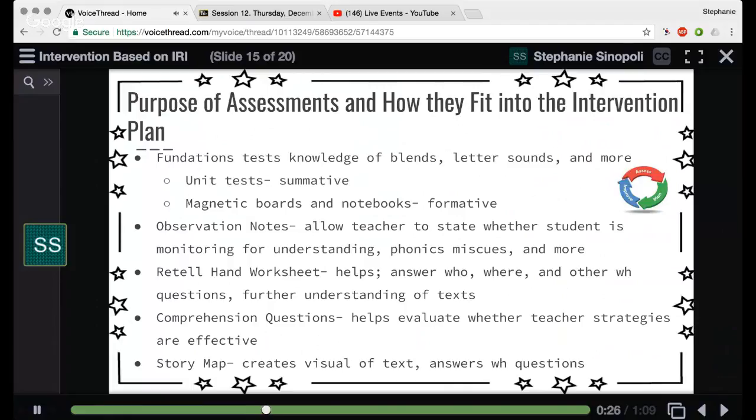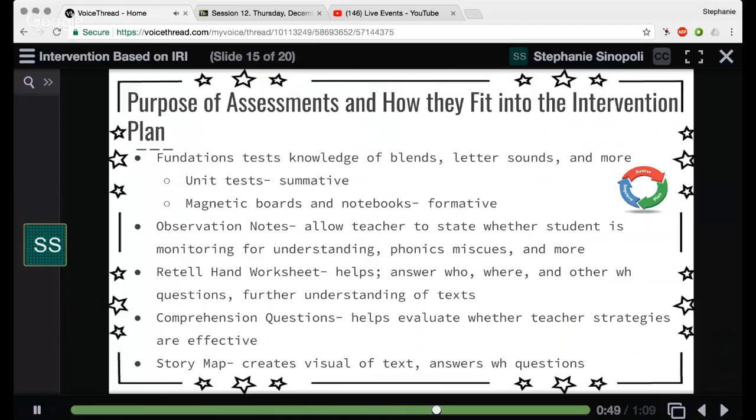And the magnetic boards and notebooks are formative assessments in which the students will tap out words and write down the dictations as well. For the observation notes, it will allow the teacher to state whether the student is monitoring for understanding, asking themselves, does that make sense? Or for phonics miscues, and more.